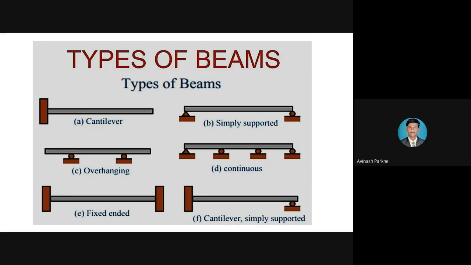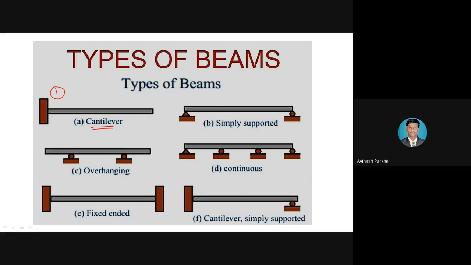Now the first type, whatever is represented here, the first beam is called a cantilever beam. So what is the basic definition of the cantilever beam? From that particular construction itself, we can easily say what the basic definition is. The beam whose one end is fixed and another end is free is called a cantilever beam.